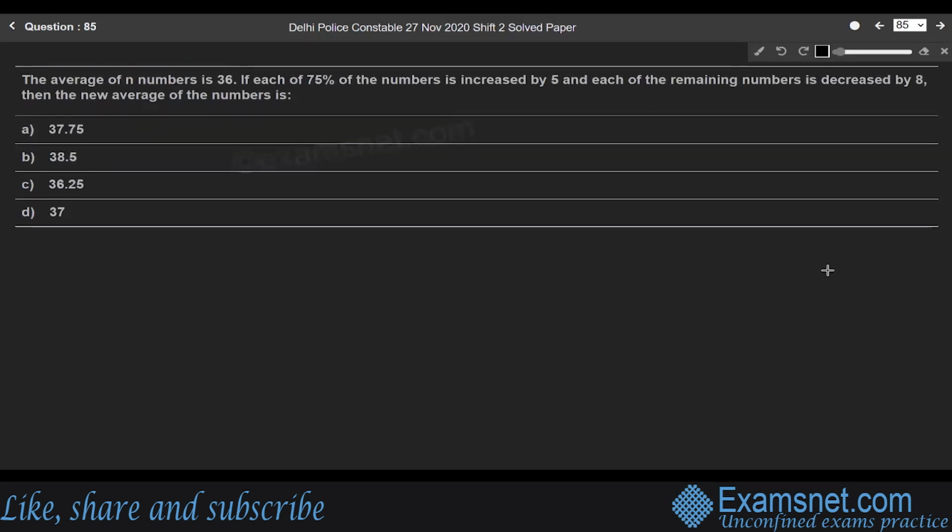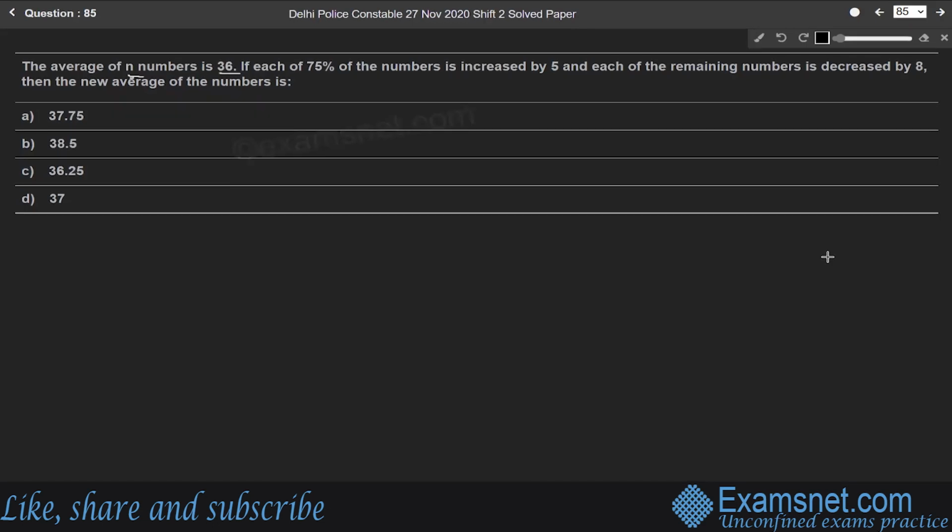Question 85. The average of n numbers is 36. If each of 75% of the numbers is increased by 5 and each of the remaining numbers is decreased by 8, then the new average of the numbers is. So given here the average of n numbers is 36.